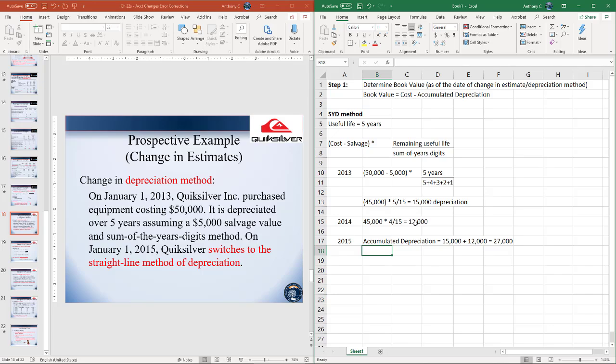So that tells us then our book value is our $50,000 cost minus the accumulated depreciation of $27,000, which gets us out to $23,000. So step 2 then, after we figured out the book value, is we're going to use this book value as the new cost basis.